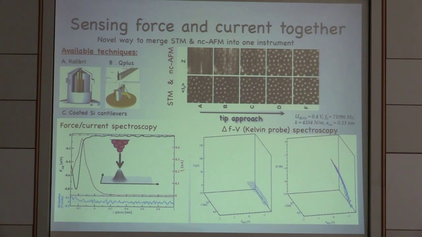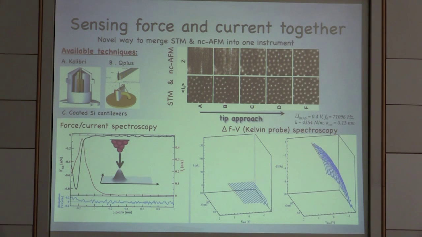Okay, so these days we have different techniques for how to do this. Either we use these quartz sensors, either Colibri or qPlus, or the traditional silicon cantilever technique where they are coated somehow, so basically you measure at the same time force and current. And apart from this you can also get the dissipation signal, which will be important in my talk. To explain it, when we are oscillating, the driving oscillator is kept at constant amplitude, but the frequency is changing.